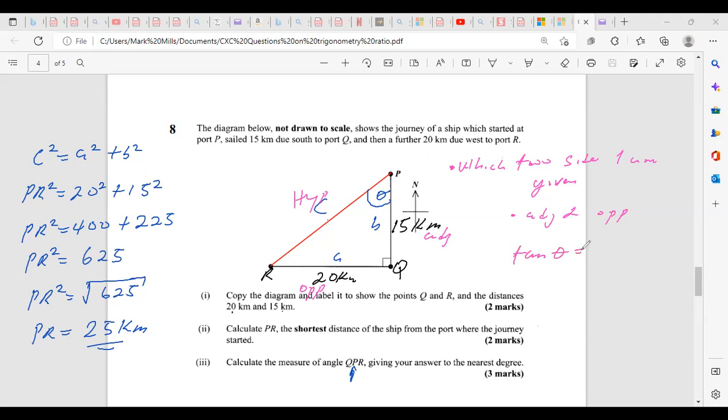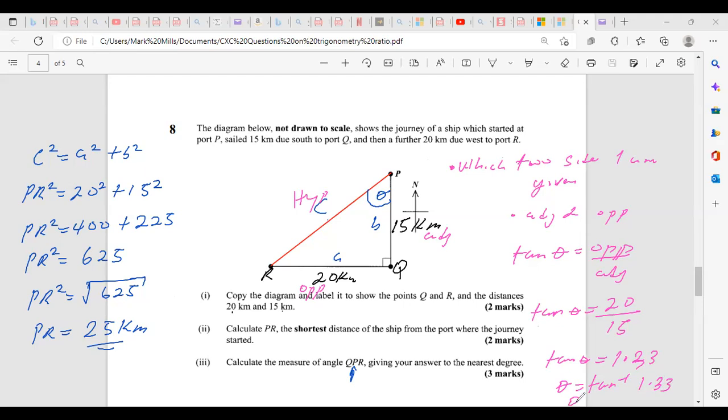Tan theta is equal to opposite over adjacent. Tan theta, my opposite will be 20 over adjacent 15. Now what is 20 over 15? 1.33. So theta is equal to tan inverse of 1.33.